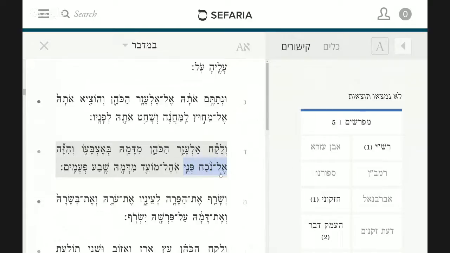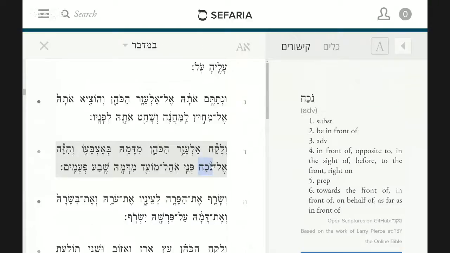And the reason I pointed this out is that there are a few words in here that have stress on a different syllable, but nochach would be one that somebody might not be expecting if they're unfamiliar with the word. And this mark right here helps guide you in those kinds of things.